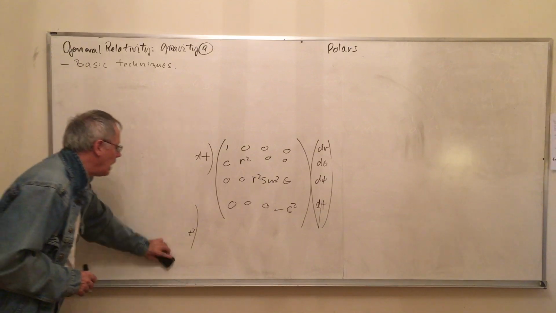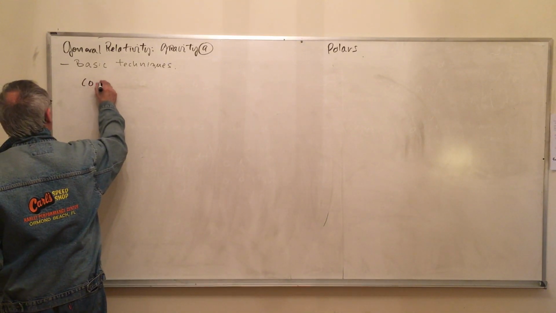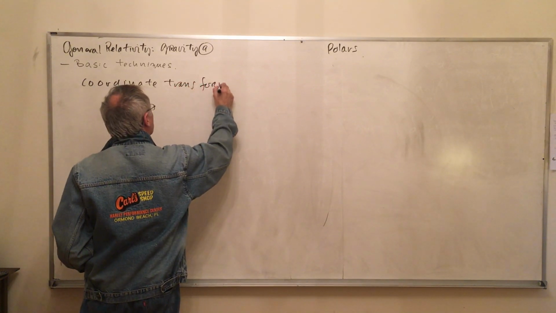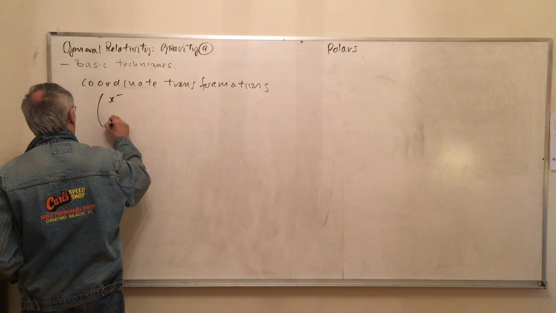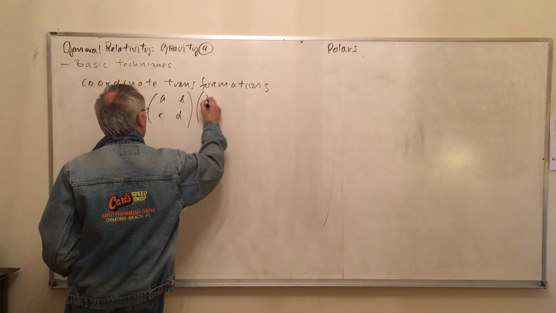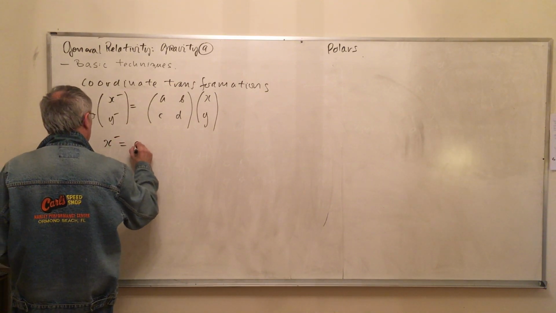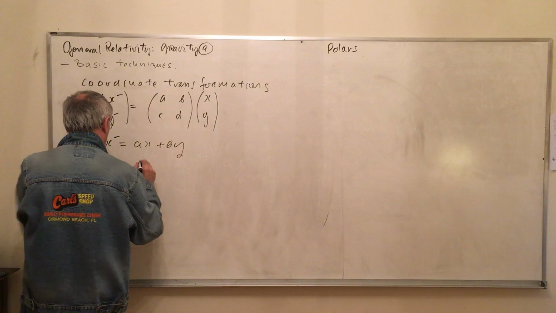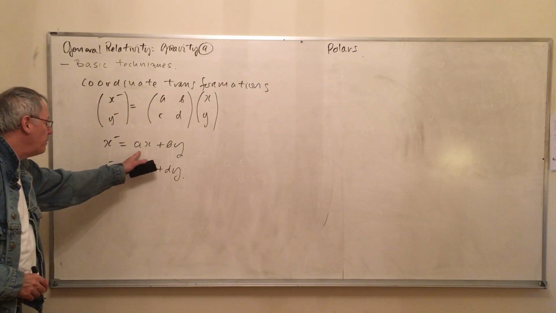Now we want to transform from one type of coordinate set to another. Now here's a matrix transformation, and all it's saying is this. X dash is given by some function of x and y.